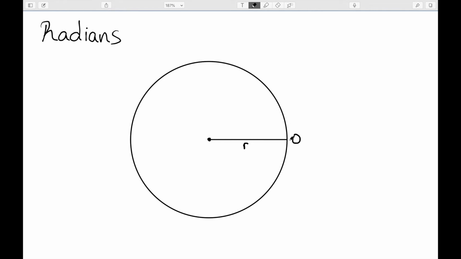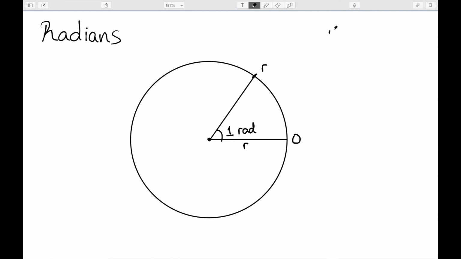Then what I do is I start at the 0 and go along the circle for exactly r, a length of r along this circle. And then that point on the circle would give me 1 radian. So this is the idea of a radian: if I have a radius of r, then I need an arc length of r to get a total of 1 radian.